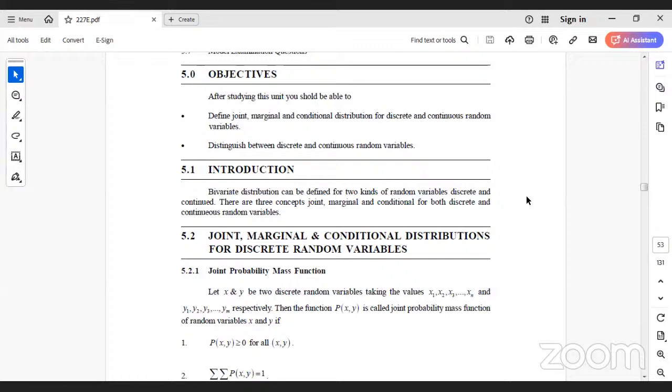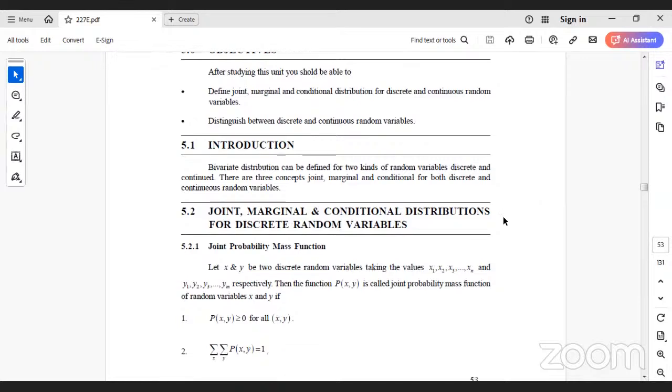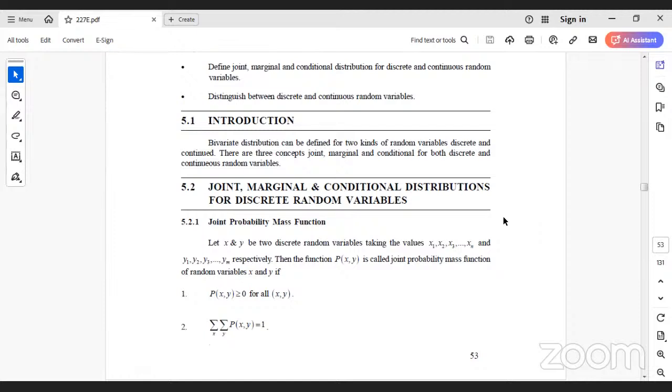As I already told you, there are three concepts, joint, marginal, and conditional, for both discrete and continuous random variables. First, joint, marginal, and conditional distributions for discrete random variables.